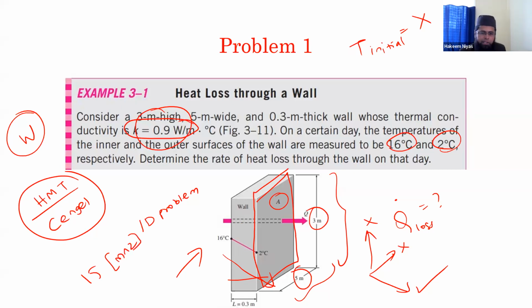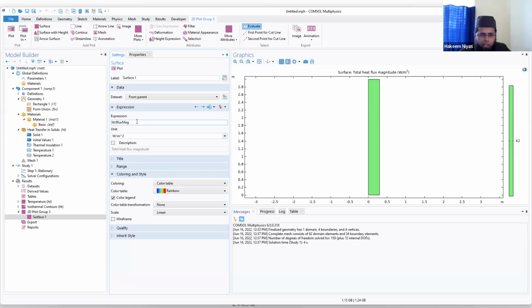So I'm just multiplying. In the expression, I have added the heat flux magnitude and I am multiplying by 15 square bracket m power 2 square bracket closed. Now if I press tab, the unit is changed automatically to watt.